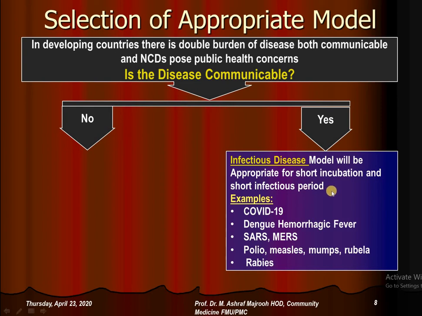Diseases with a short incubation period and short infectious period will not allow secondary prevention. That is why the pathological model is not working here. The infectious disease model will be selected. The examples are COVID-19, dengue hemorrhagic fever, SARS, MERS, polio, measles, mumps and rubella, and rabies.